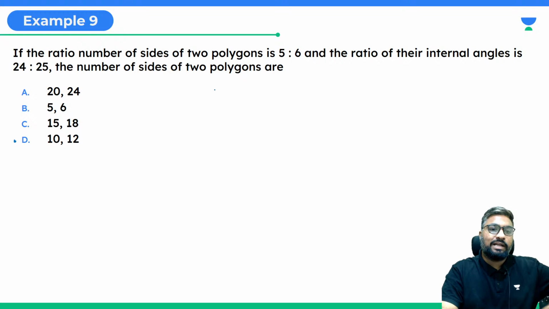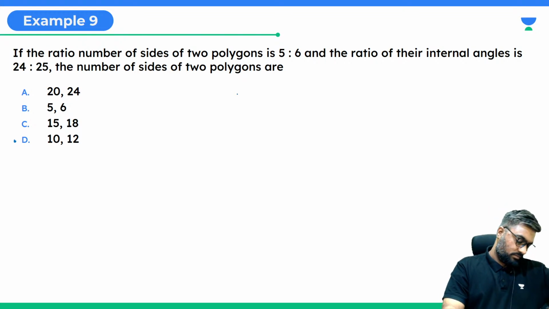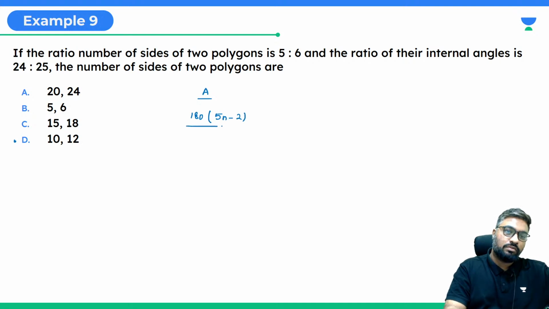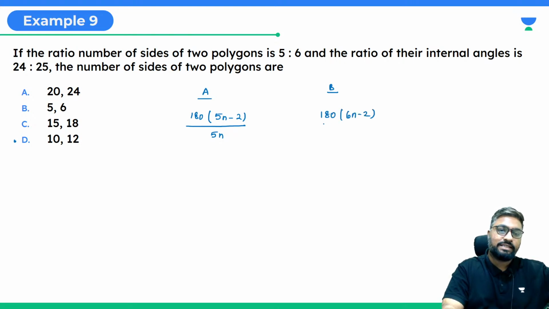So what will happen? One interior angle for polygon A is going to be 180 into n, which is 5n for us, minus 2 by n, here n is 5n. And for the other interior angle, it will be 180 into 6n minus 2 by 6n. Yes, they're saying this should be in the ratio 24:25.